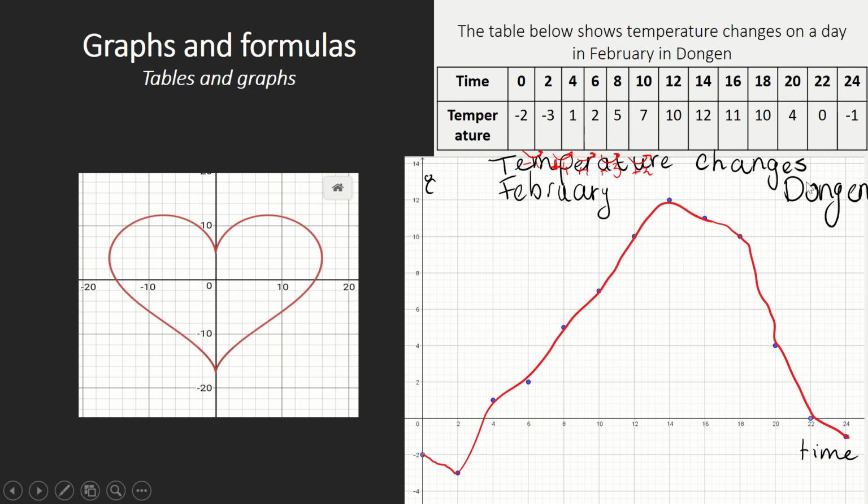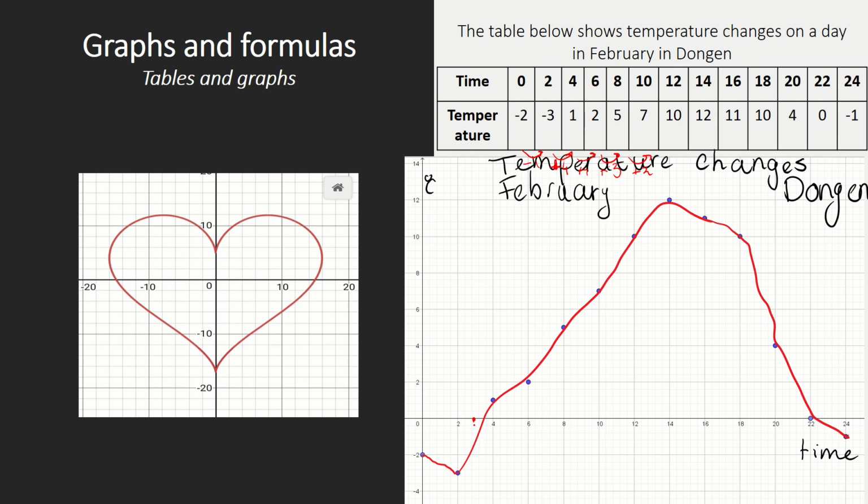As you can see, there's nothing about, for instance, 3 o'clock in the morning. We have no idea, but we can approximately read this from our graph. Not from our table, but we can see it in our graph. 3 o'clock is over here. So if we go down, I shall use my pen as well.